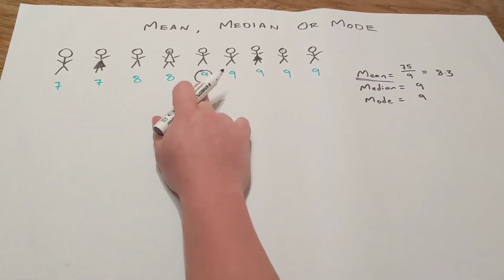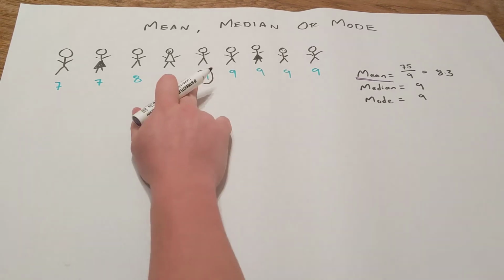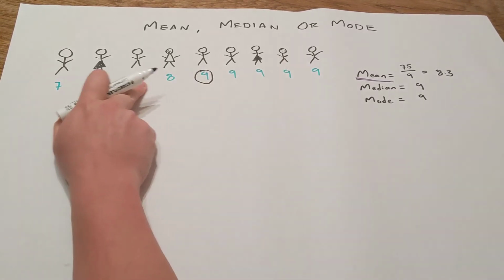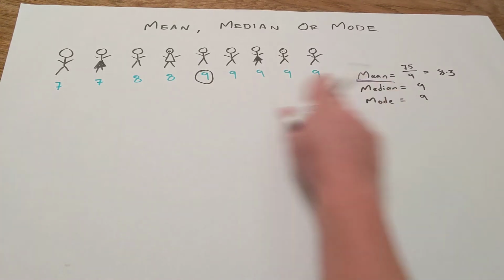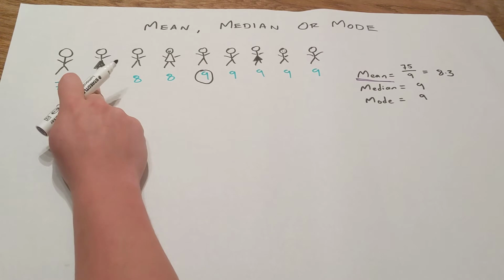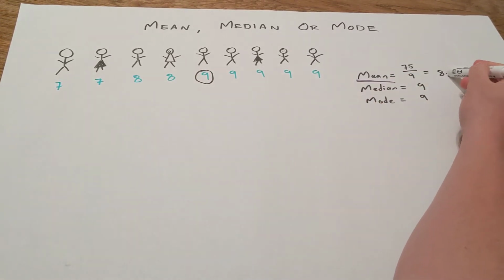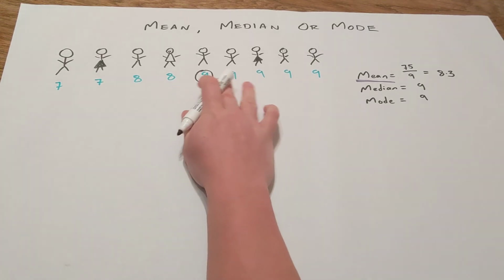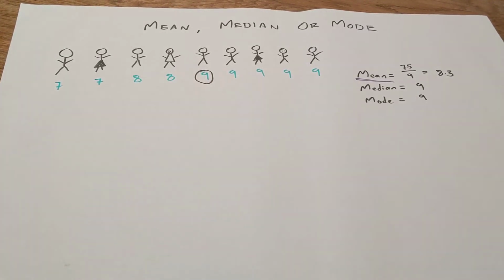But it's not really telling us that there were scores of 7 or 8. They could have all got 9. If all these scores were 9, the median would still be 9. The mode, the most common score, was 9, but that tells us nothing about the people who scored lower. Using the mean, however, giving us a value of 8.3, tells us that not everyone did score 9. There was something lower than that, making that the mean.